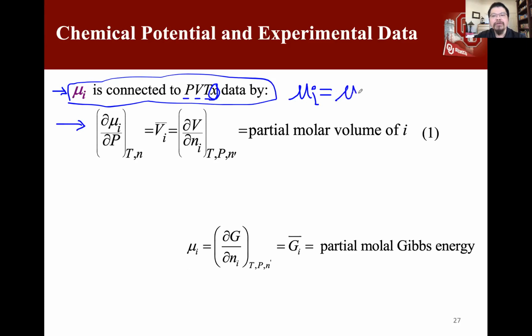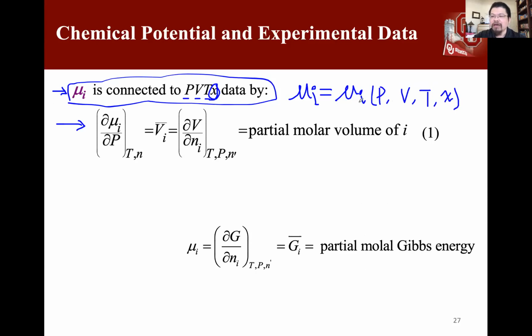If we have mu_i as a function of P, V, T, X, then we should feel very happy about it. Why? Because PVT and the ratio of liquid or vapor can be easily measured in the lab.